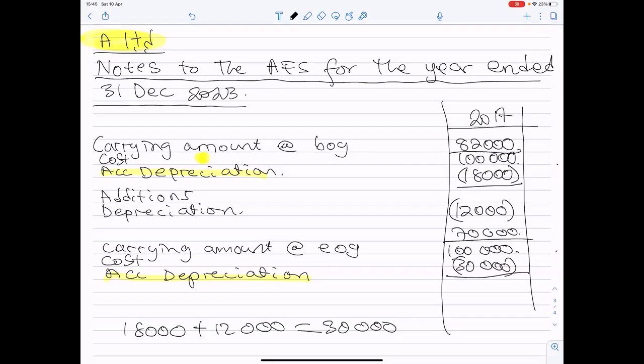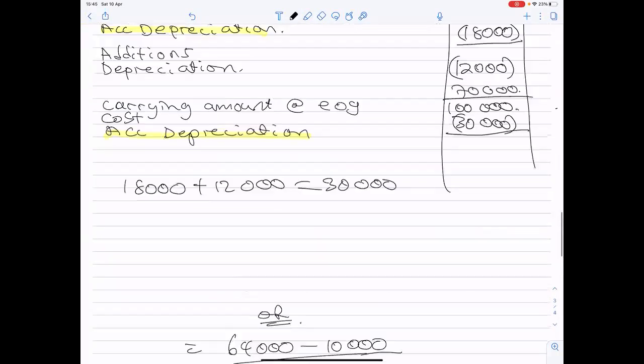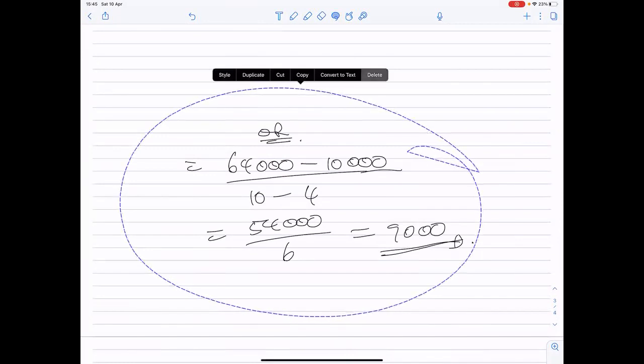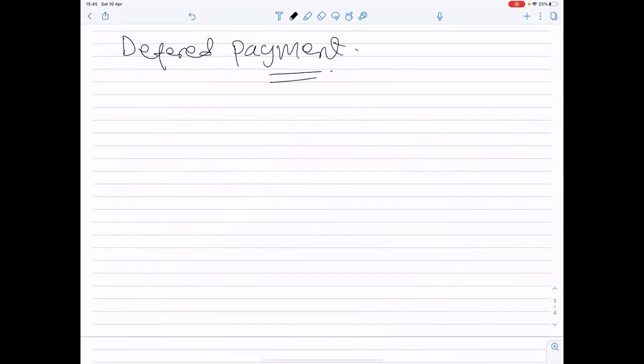The next thing that we are going to look at is the issue of deferred payment, whenever the entity is going to be having a deferred payment, and how it is going to be accounted for.